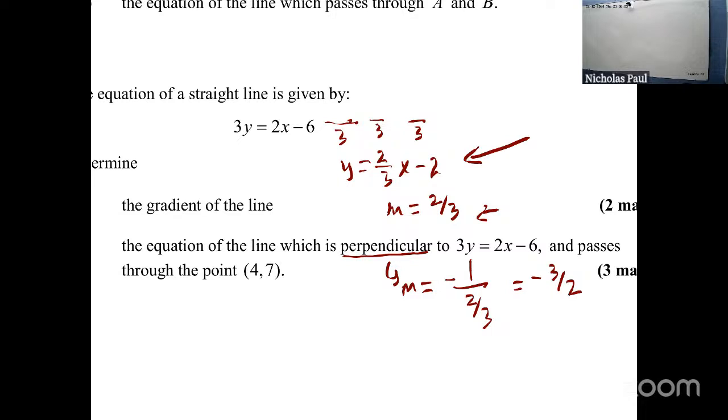Right, so you're using 4 and 7. That's the point to use. You're using 4 and 7.